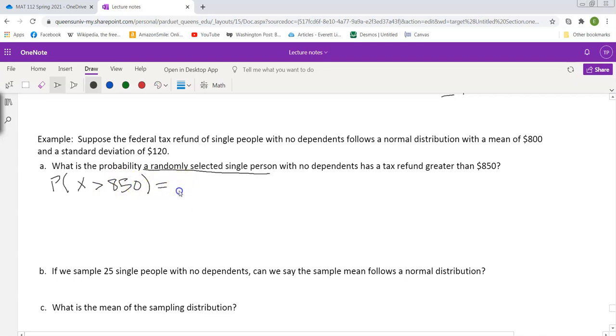And we're going to convert that to z. So 850 minus the mean, which is 800, divided by sigma, which is 120.